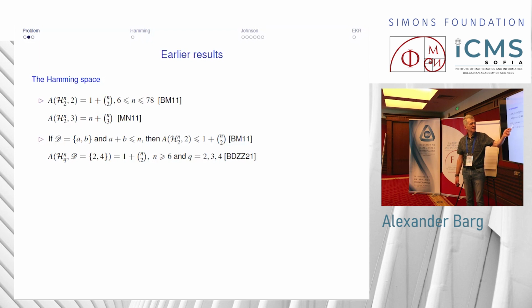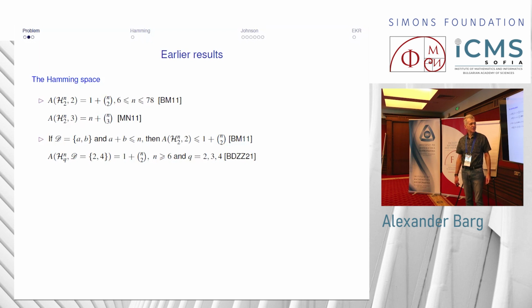Other known results: if the distances are A and B, and A plus B is less than n, then this is the maximum. That was our work with Oleg, but this comes with a qualifier, A plus B less than n, so that's not really fully general.